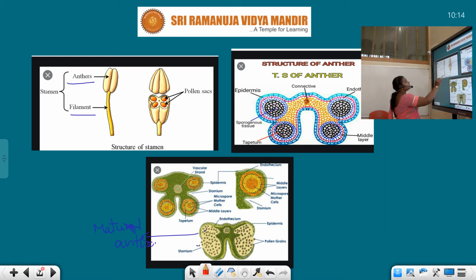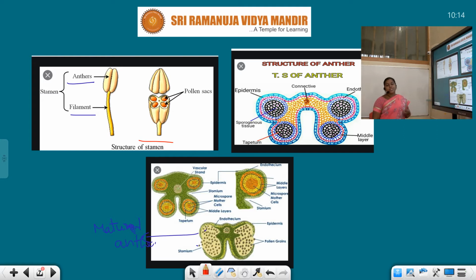Now this is the cross section of the anther, and in the structure of anther we can observe the presence of 4 different layers. First one is epidermis. Next to this is the endothecium layer, then the middle layer, and the 4th one is tapetum.